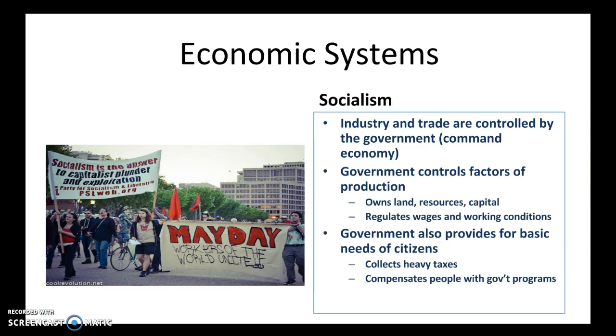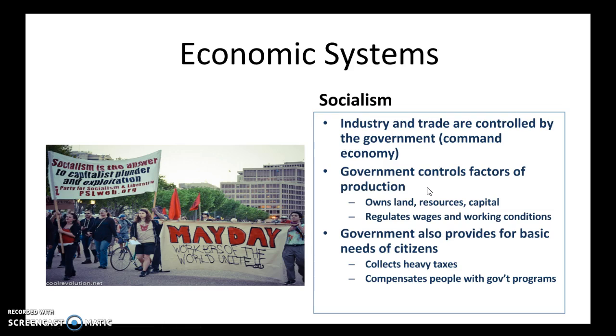On the other end of the spectrum, you have socialism, and this is where the government is heavily involved in the economic decisions of that society. You don't have individual people owning the companies and the businesses and the other factors of production. The government owns the factors of production, and the government makes economic decisions. What the government will do in a socialist society is take control of producing things.